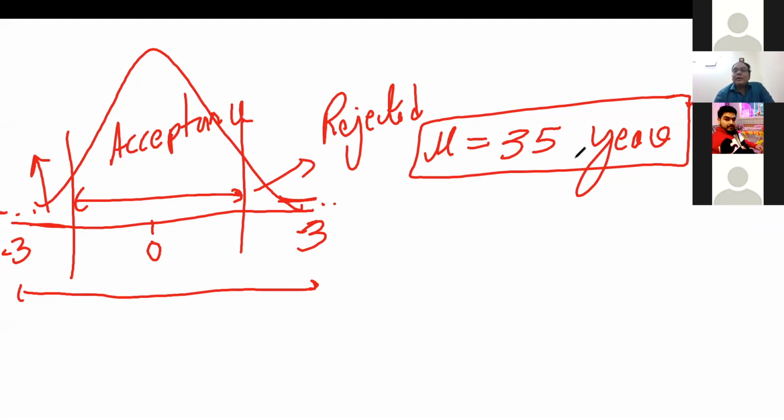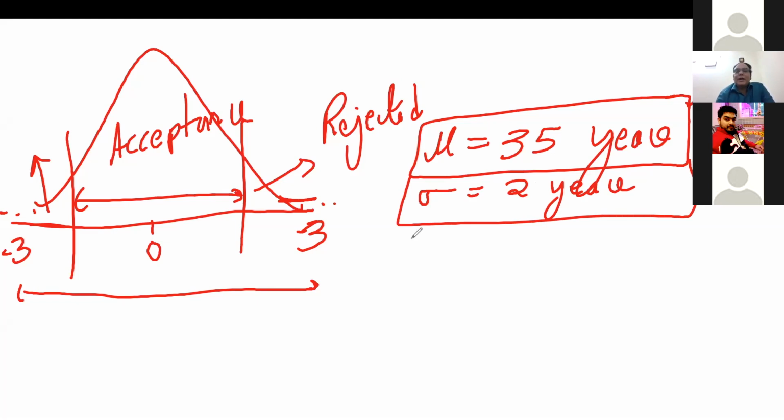So this 35 years and one figure, I also require what is the standard deviation of the data. So suppose standard deviation is 2 years. So I have two figures with me, the mu and the standard deviation. The mu is 35 years and sigma is 2 years, right? So I have two things.